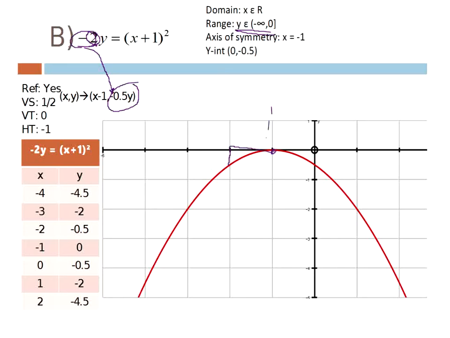The axis of symmetry is x = -1, this line right here. Don't forget, it's never just -1. The axis of symmetry is an equation, and so you want to say x equals -1. And then your y-intercept shows up again in this table. When x equals 0, y equals -25.